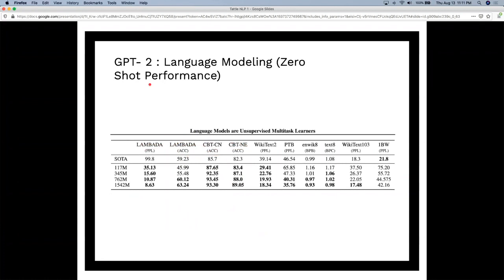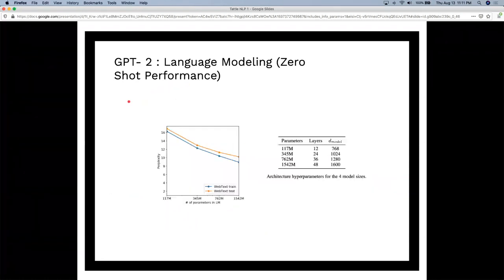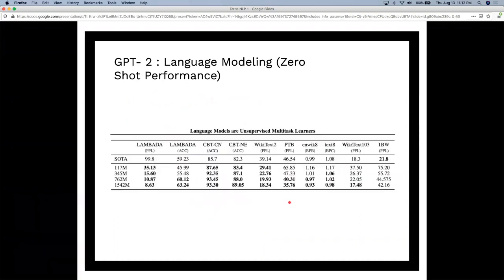Now there are two things. One, this is pure language modeling performance, the perplexity. Now we want to see language modeling ability in some context, so these are different tasks. For example, this task gives you a very long sentence, usually about 50 words for this data set, and you are tasked to predict the 51st word.